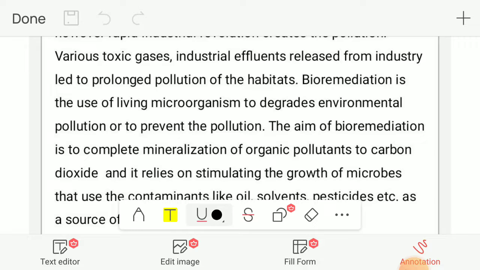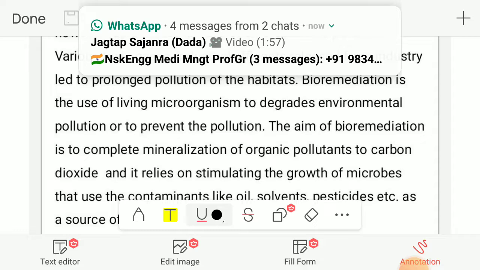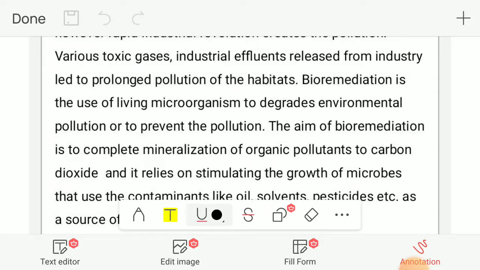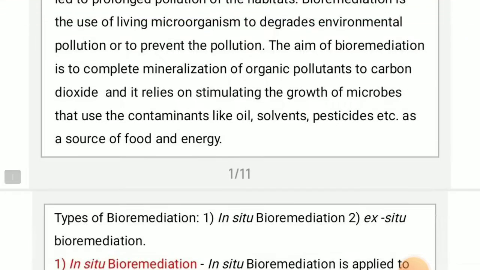The carbon dioxide released will be absorbed by the microbes for their growth and development. The microbes use contaminants like oil, solvents, pesticides, etc. as a source of food and energy.